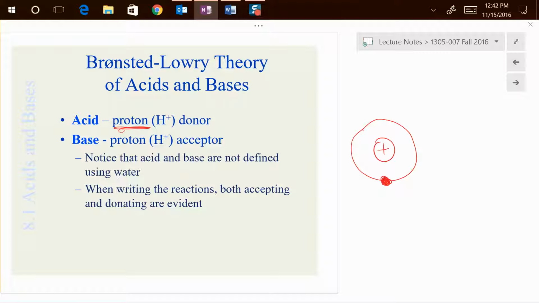So how is this that I've just drawn different than H plus? What does it mean to be H plus? So right now I don't have any charge because I have an electron and one proton. They're balancing. So how did I become H plus?